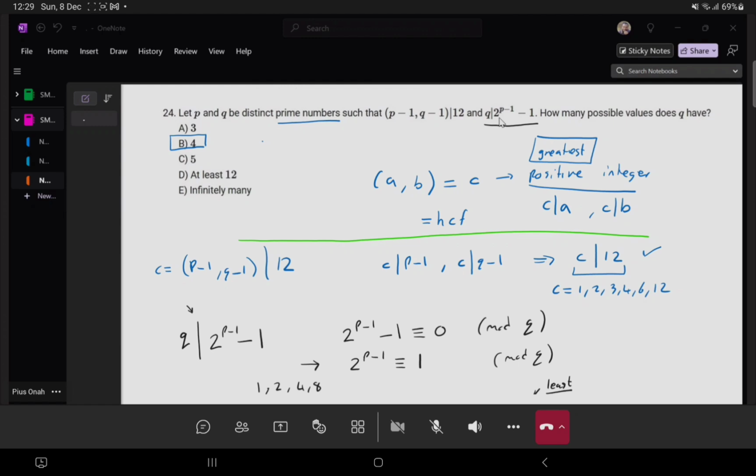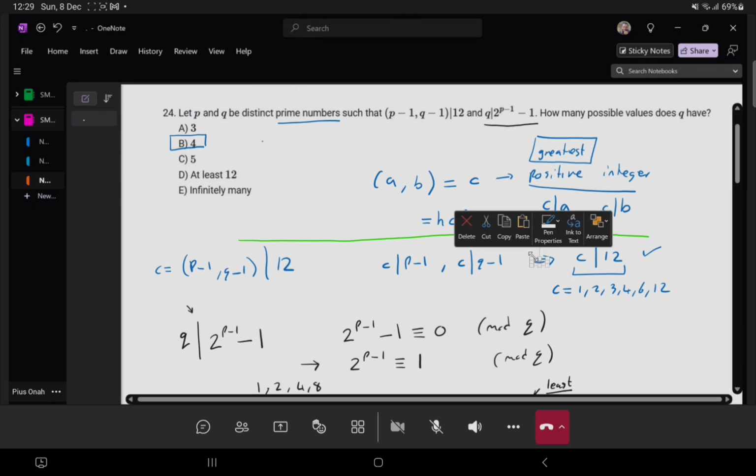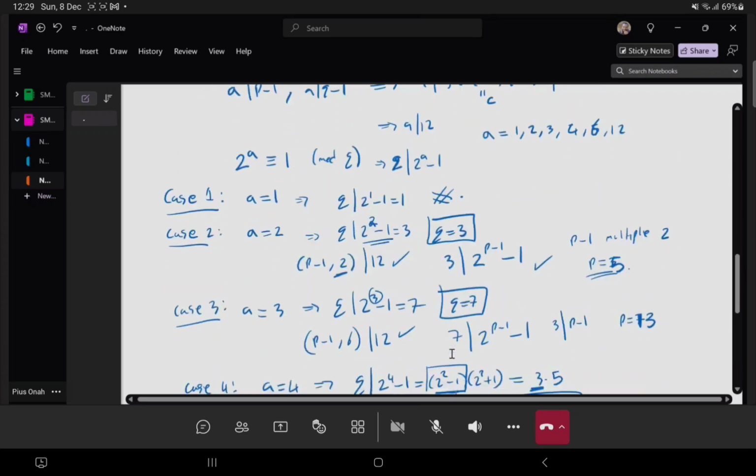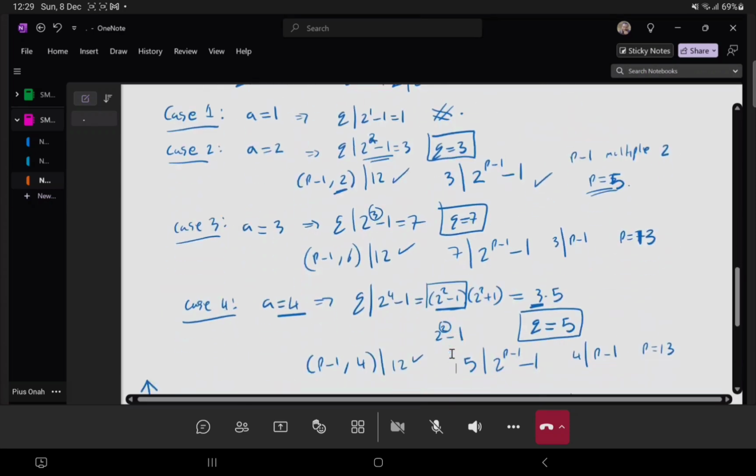From 5, it's already getting a bit too big, so you may need to consider. If we increase the base, some things will change. So let me show you, it would be better to reduce 12 or something. If you increase the base, these numbers we're getting here, 3, 7, 63, and those things become quite big.